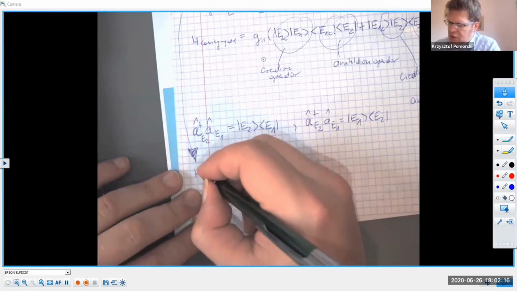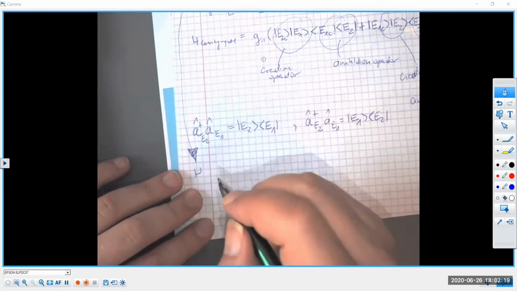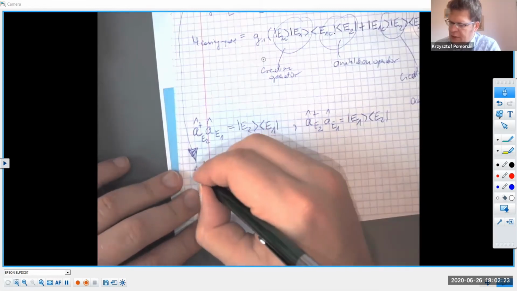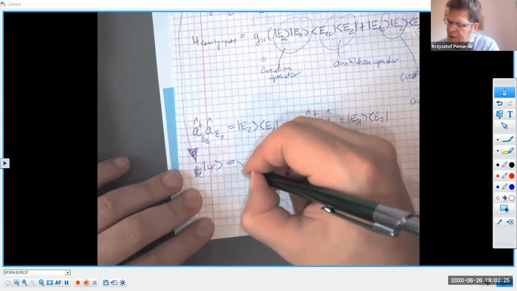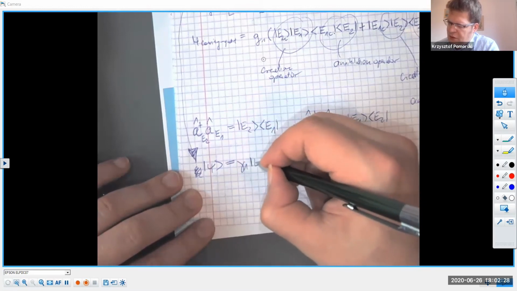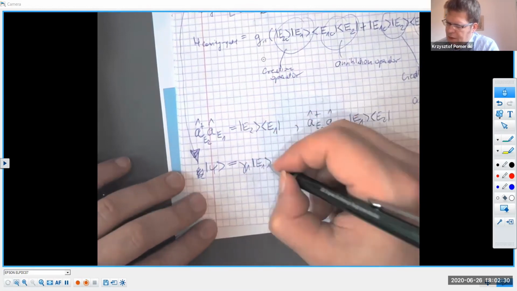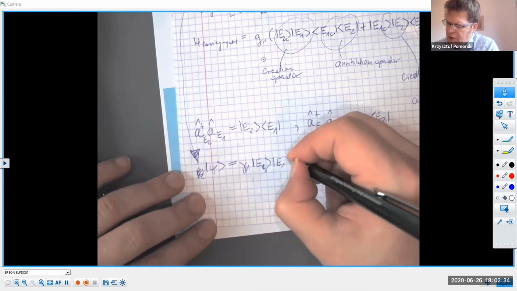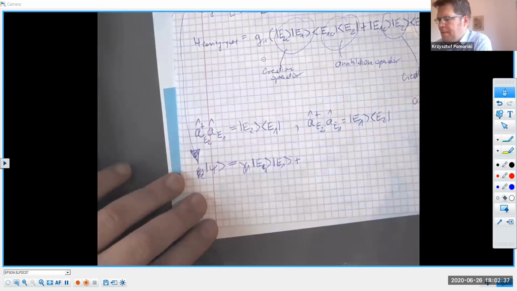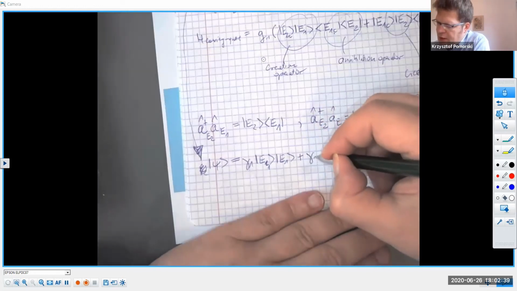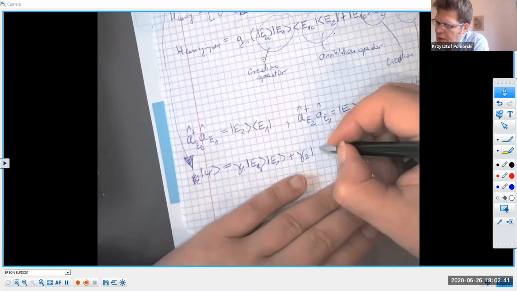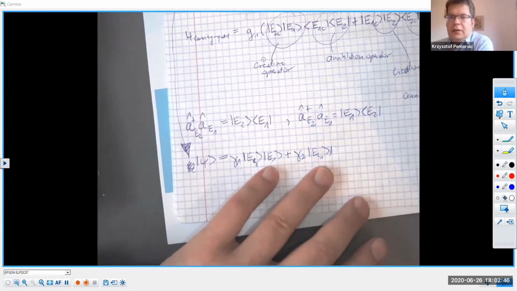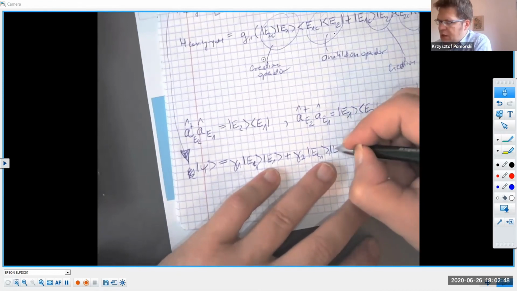So it seems to be obvious that the quantum system has at least 4 energy levels. There is a possibility that cavity and qubit are both in the ground state. Then there is a possibility that the cavity is in the ground state and the qubit is in the excited state.